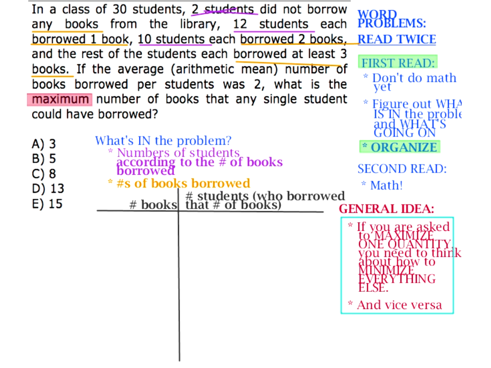So, maximizing here, what are we maximizing? Well, we're maximizing the number of books that any student could have borrowed, which means one student. We want to give one student as many books as possible, which means that all of the other students have to basically share lots of books, and we want to minimize everybody except for a single student.